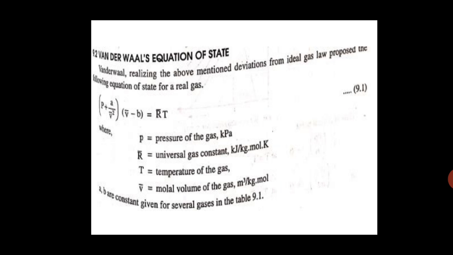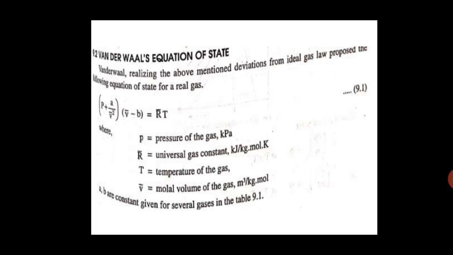Now we know that PV equals RT. Here two terms, a and b, are introduced. These are constants, and they are different for different gases. There is a chart which will tell you what a and b are for different gases. We will see that in our next slide.